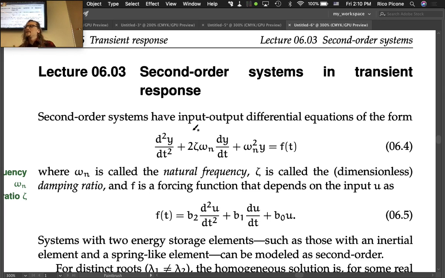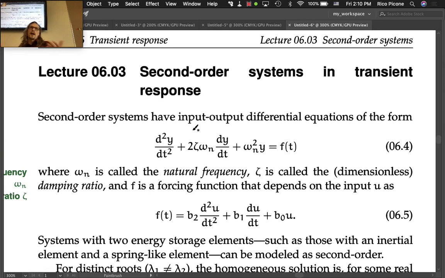So what we're doing is kind of like mashing up our different solution techniques using these tables that we've developed, and we did that already for first order systems, and we found that not a lot interesting happens with first order systems. They just kind of decay to the new value. If you start off with some initial condition and you let it go, it's just going to decay down, assuming it's stable. If you put in a step input, it's just going to exponentially decay to the new equilibrium value, assuming it's stable.